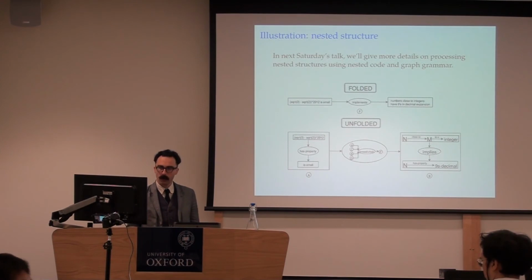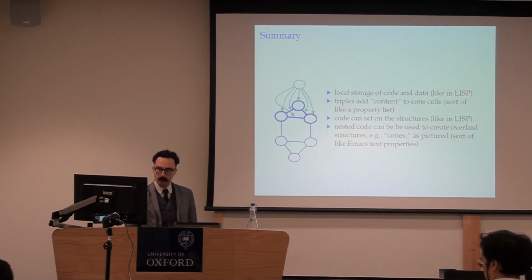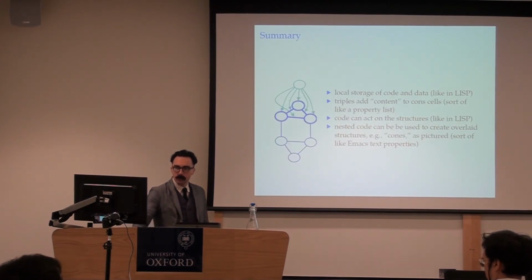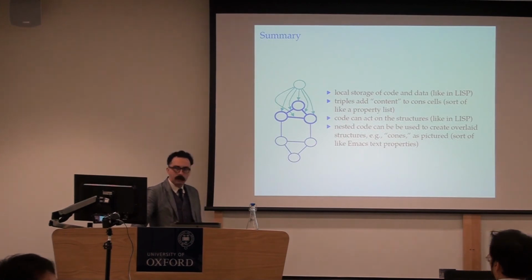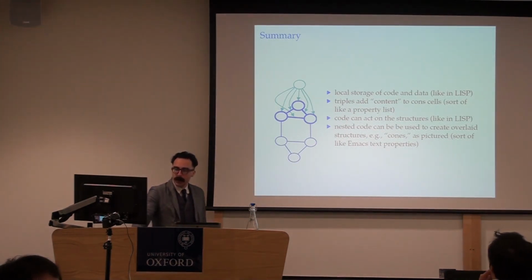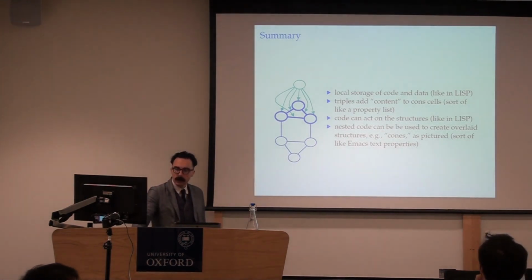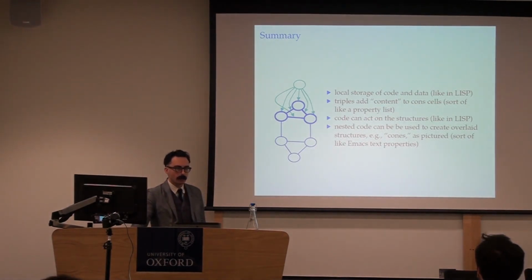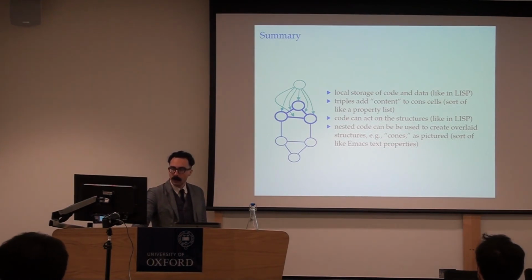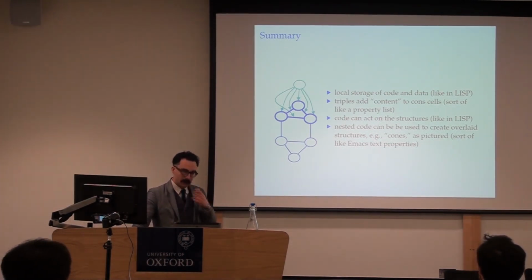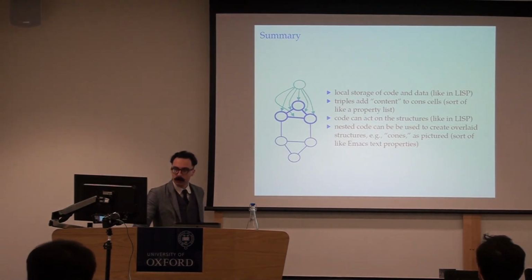So that's for Saturday. Here's a summary because it was a quick talk. So what do you get? Local storage of code and data, well, you already had that in Lisp. Triples add content to your cons cells, so that's sort of like a property list. Imagine your cons cell has this extra property, which is content. But graphically, it allows you to think of these things as graph-like structures.